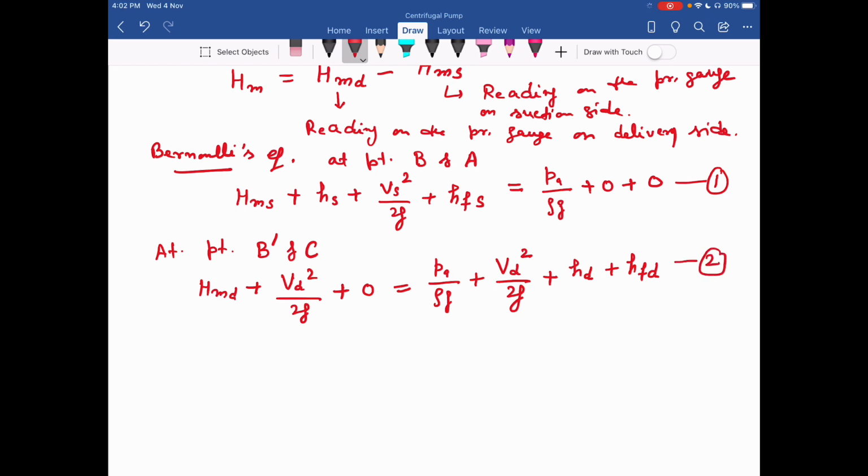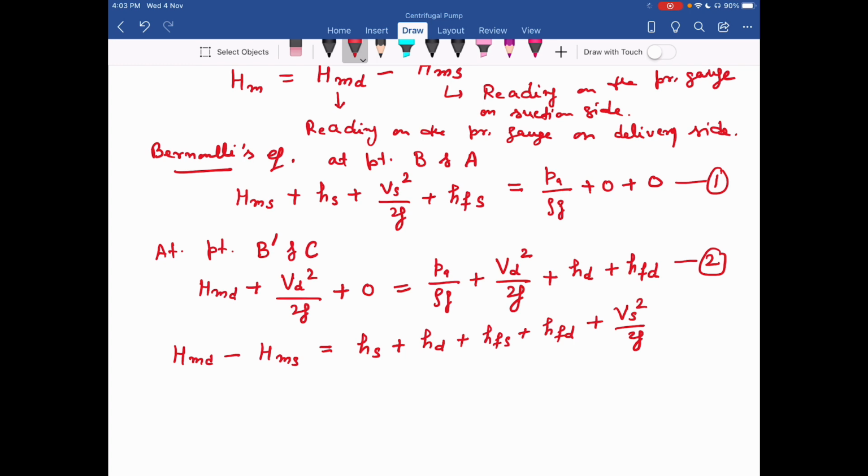Now I subtract equation 1 from equation 2, then I can write HMD minus HMS. That comes out to be HS plus HD plus HFS plus HFD plus Vs square divided by 2g.